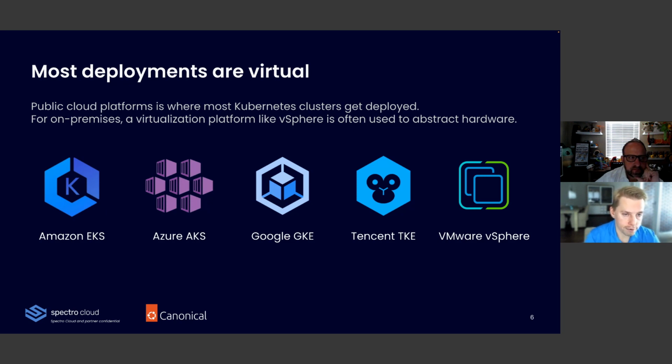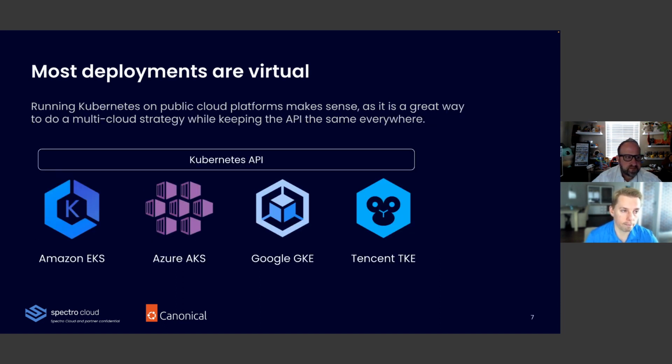For on-premises, that's exactly what most companies do. They use something like VMware or Citrix or KVM to have similar cloud-like platforms on which they can deploy VMs, and then they build Kubernetes clusters from those virtual machines. So a lot of these Kubernetes clusters in practice are built on virtual hardware.